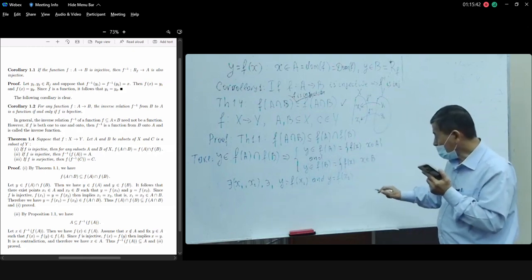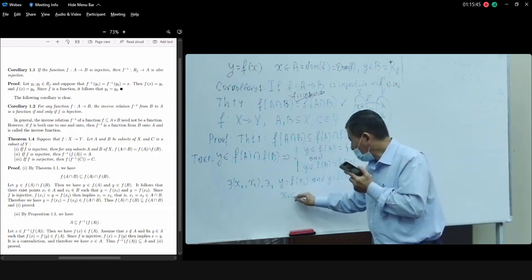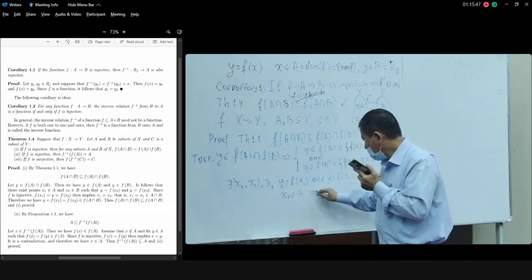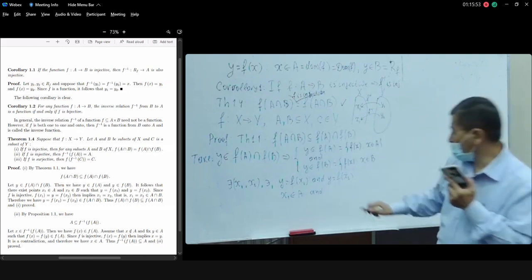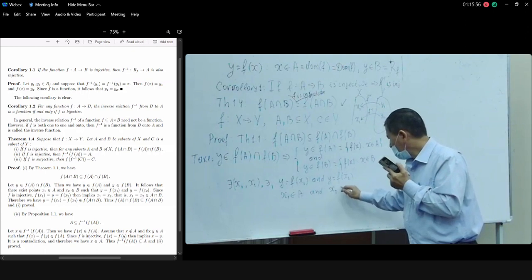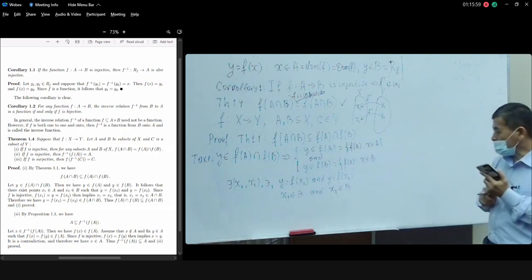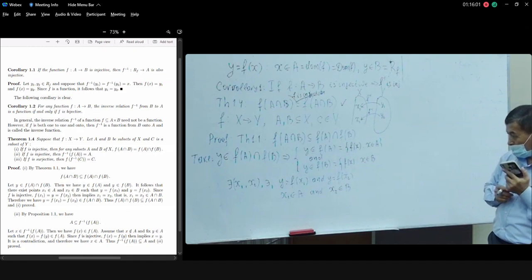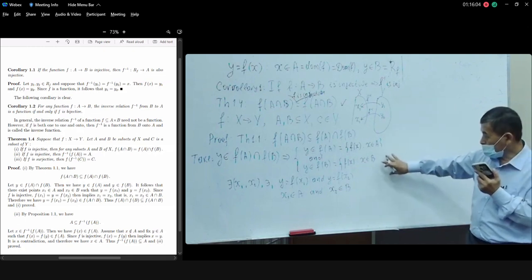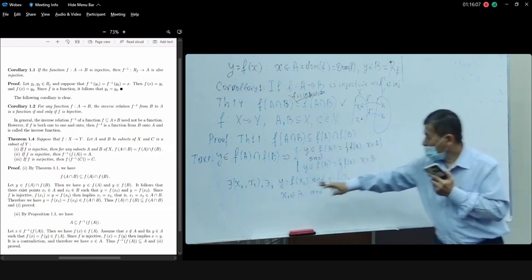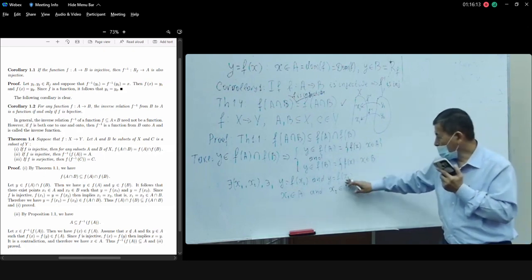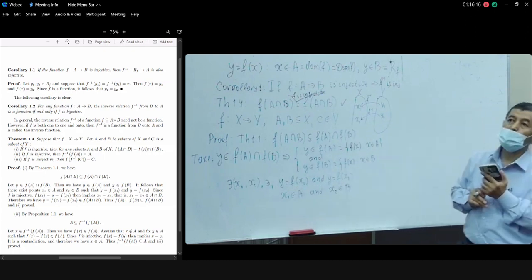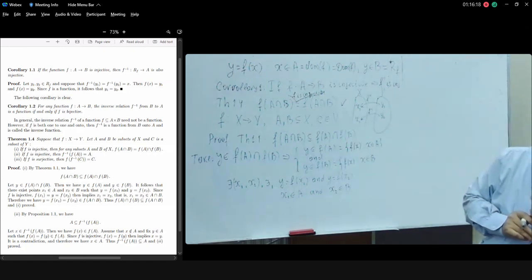Here, an interesting point: x1 belongs to A and x2 belongs to B, and A and B are subsets of X, which is the domain. So x1 belongs to A, x2 belongs to B.